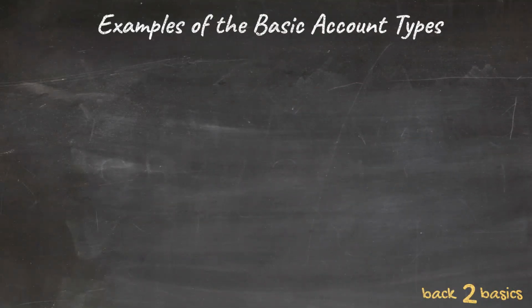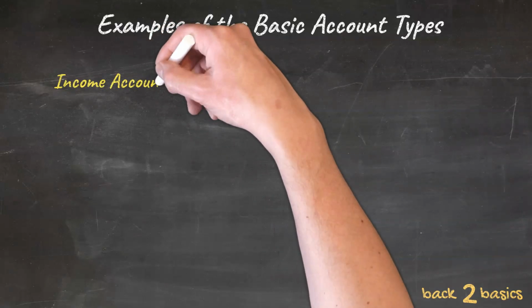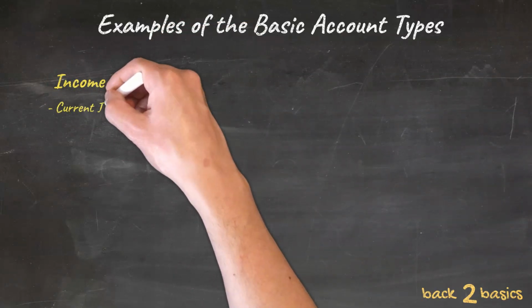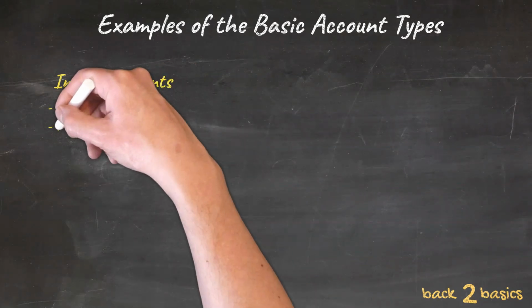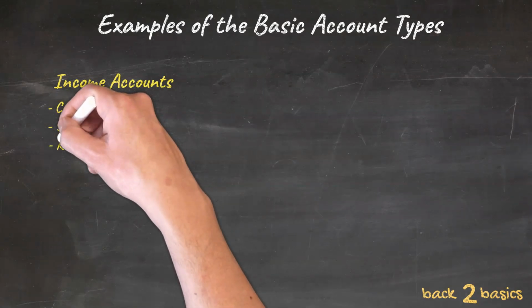Let us now consider the common income accounts. Here you will find accounts such as current income, which is the main income account for a service business. Sales, which is the main income account of a trading business for income earned from the sale of inventory. Rental income, which is income earned from rent.